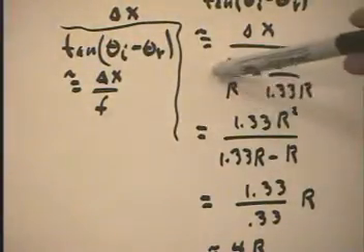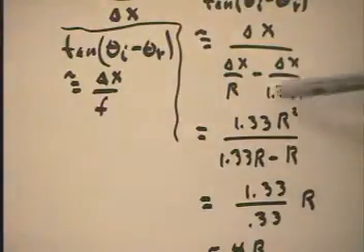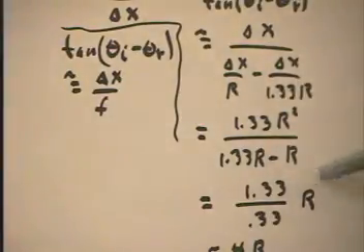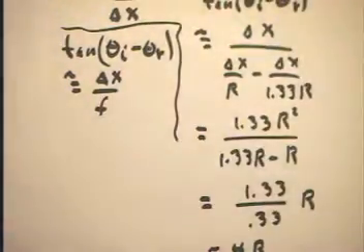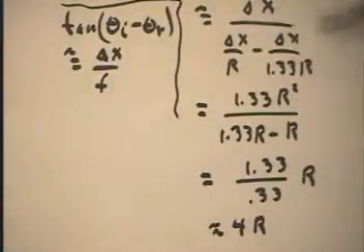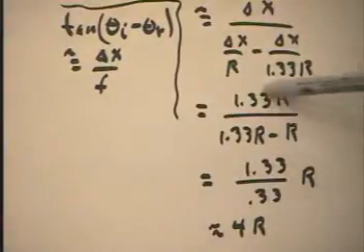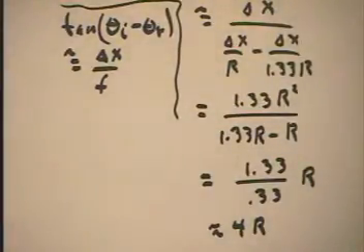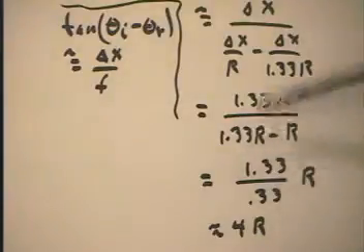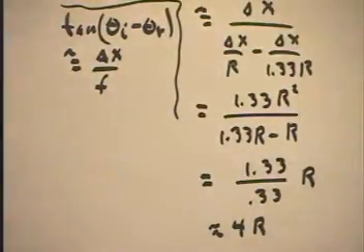That's going to give us 1.33r delta x minus delta x over 1.33r. And inverting and multiplying, we get this. You should know how to do the algebra. Work it out yourself: take this expression, put it over a common denominator, then invert it and multiply by delta x, and you're going to get this. And we factor the r out, or divide numerator and denominator by r, whichever way you want to look at it. We get this, and we see that we get a focal length of approximately 4r.